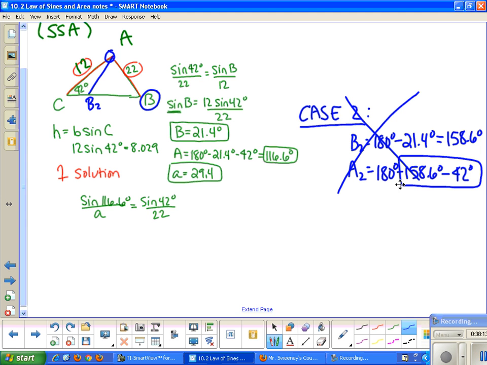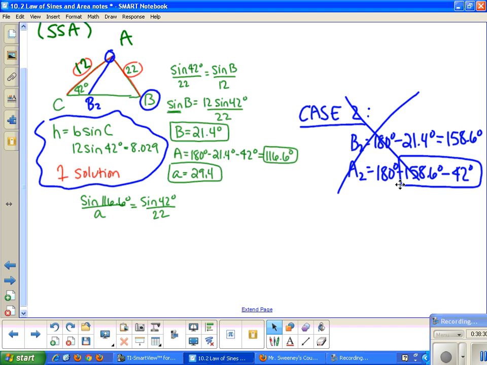Therefore, case 2 would not work. So again, if you didn't remember how to do this part here, then you can just try to solve for case 2 and you would see that it would not work because it would be impossible to have a triangle that adds up to more than 180 degrees. So bring this with you to class and we will finish that last example in class together.